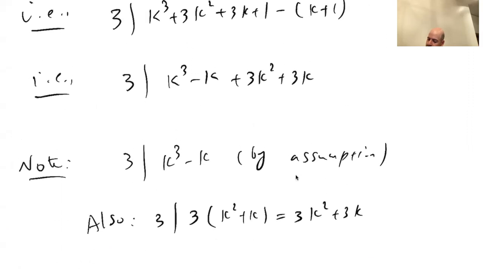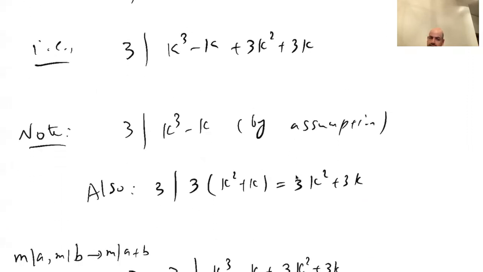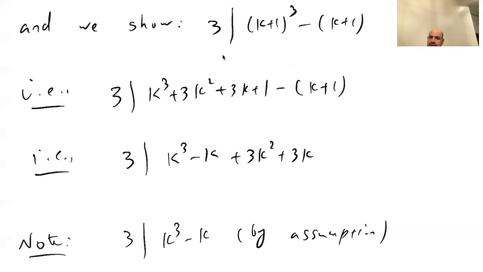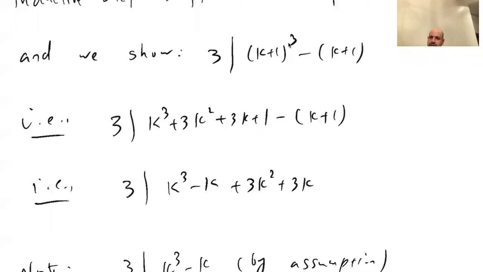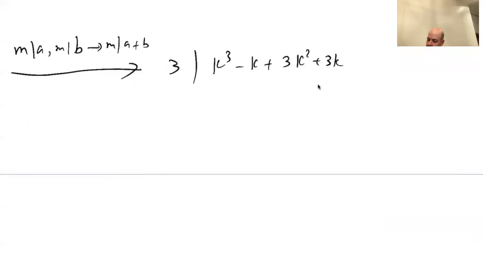Right? 3 divides this guy plus this guy, but that guy plus that guy was the same as (k plus 1) cubed minus (k plus 1). That's what we showed previously. So that means 3 divides (k plus 1) cubed minus (k plus 1).